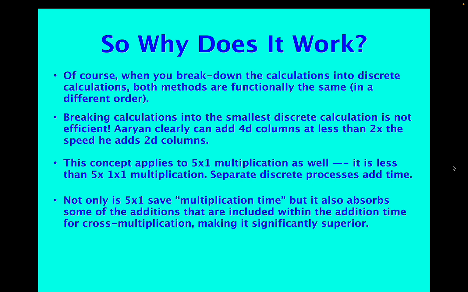That's adding 32 digits. In the school method, we added 4 five-digit numbers. That's adding 20 digits. So we've decreased the addition time by absorbing some of those additions into what we're considering to be multiplication time. And despite that extra work, the multiplication process is still more efficient than it was with cross multiplication.